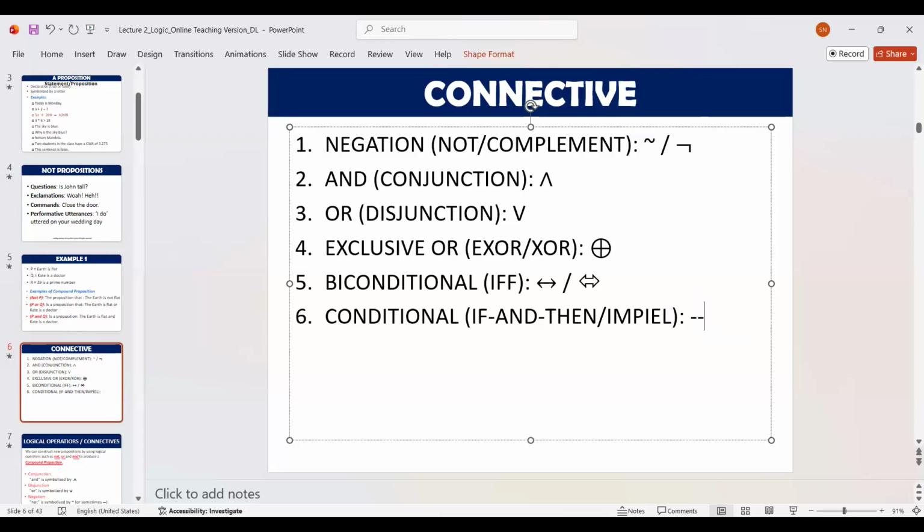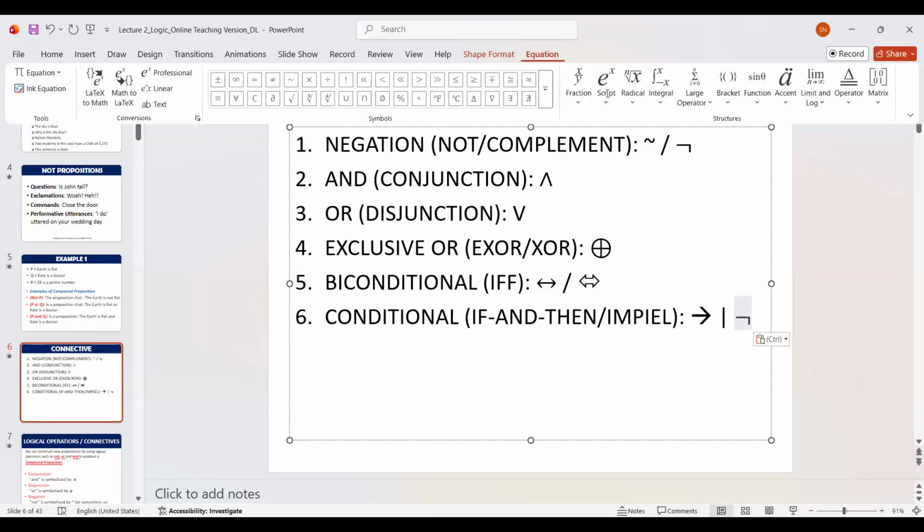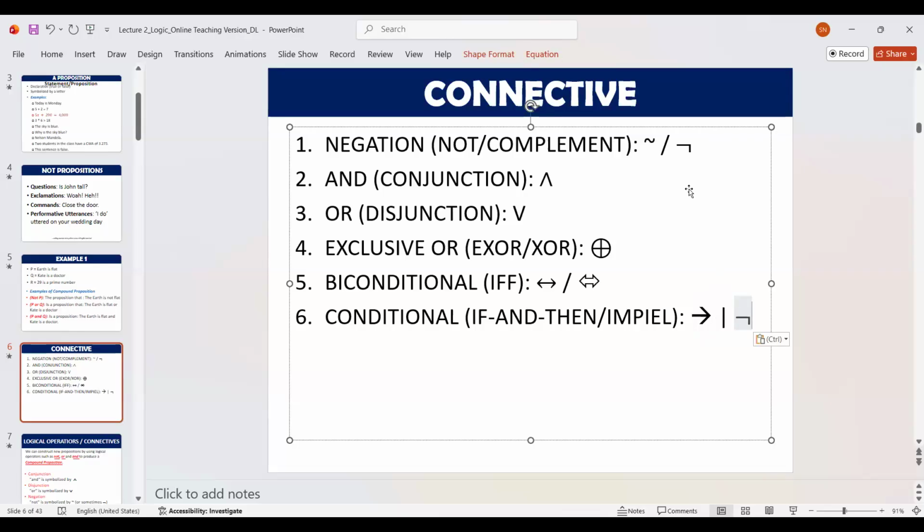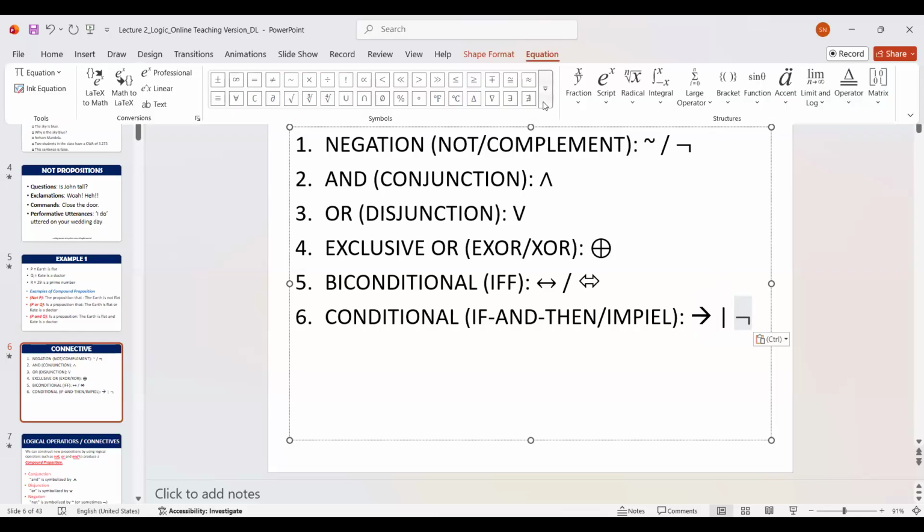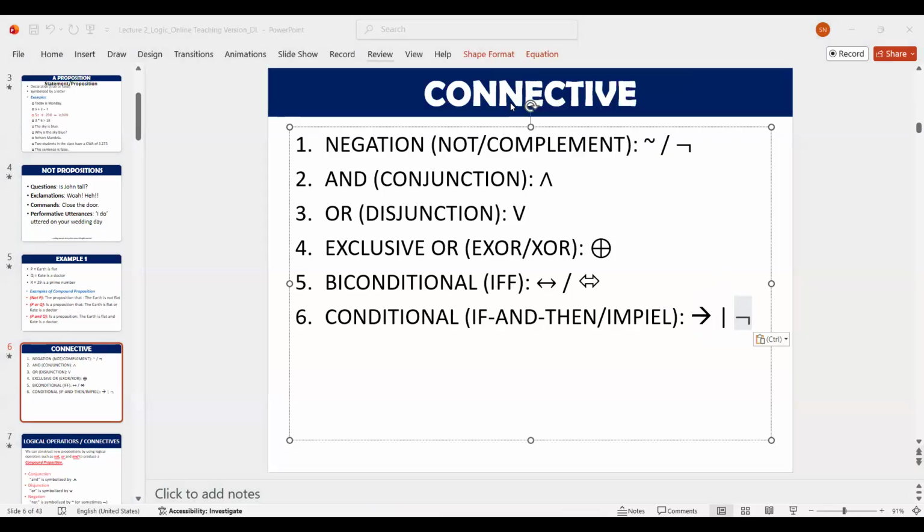I can do it in the PowerPoint like this, or when you go to the equation editor, you can use a double arrow, like this with an arrow at the end, okay?